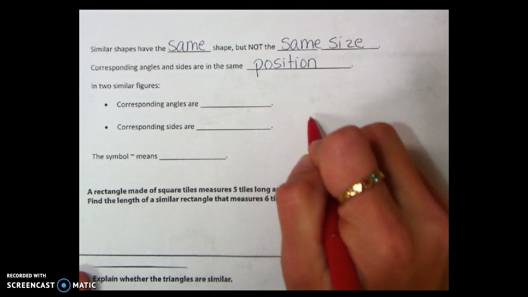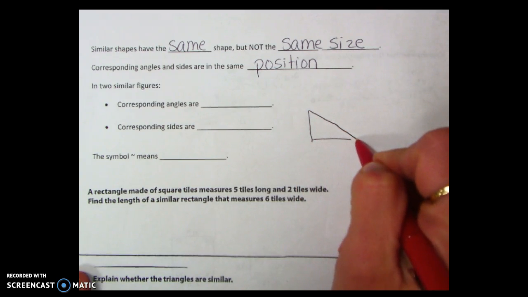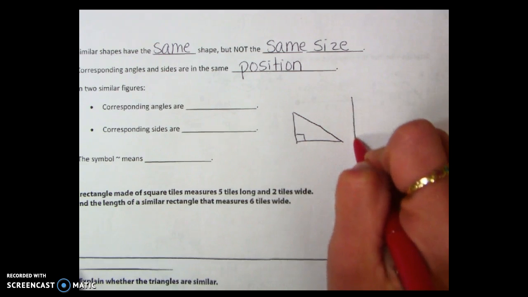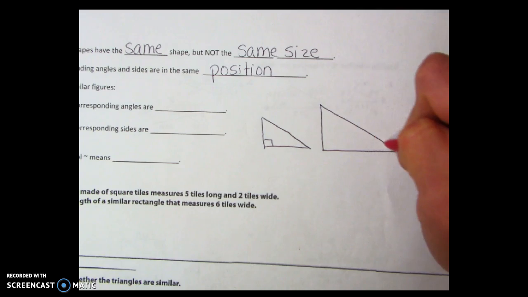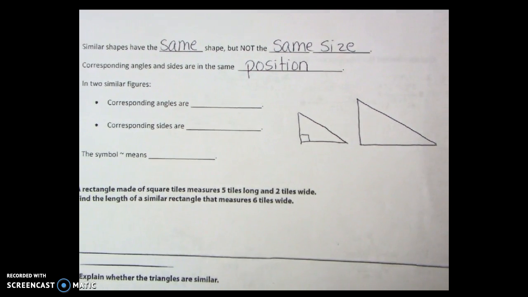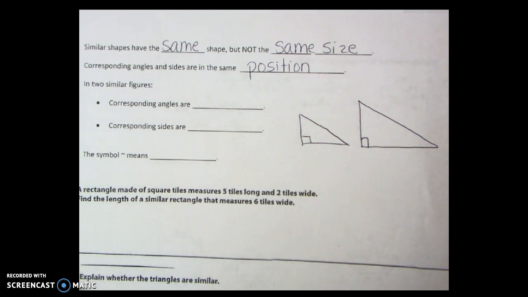So if you have two right triangles, if they are similar, they're going to look just the same, except one is going to be bigger than the other one. So corresponding sides would be the sides that, if they were facing the same way, are in the same position.